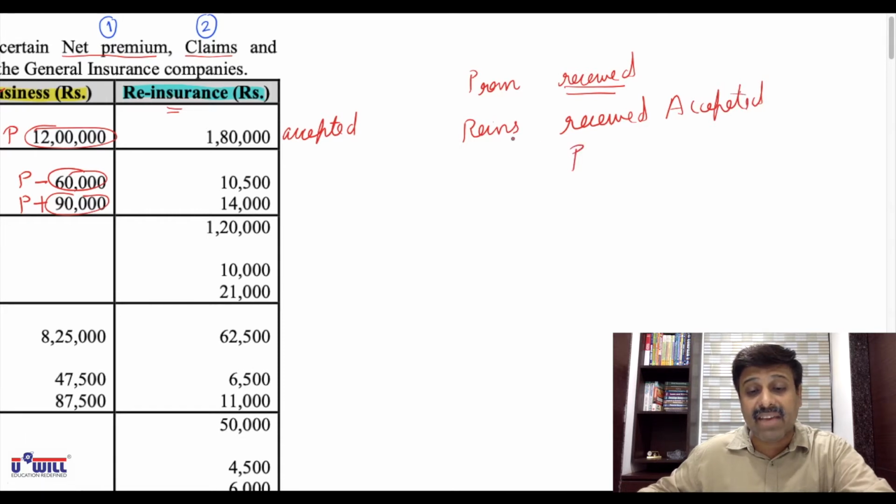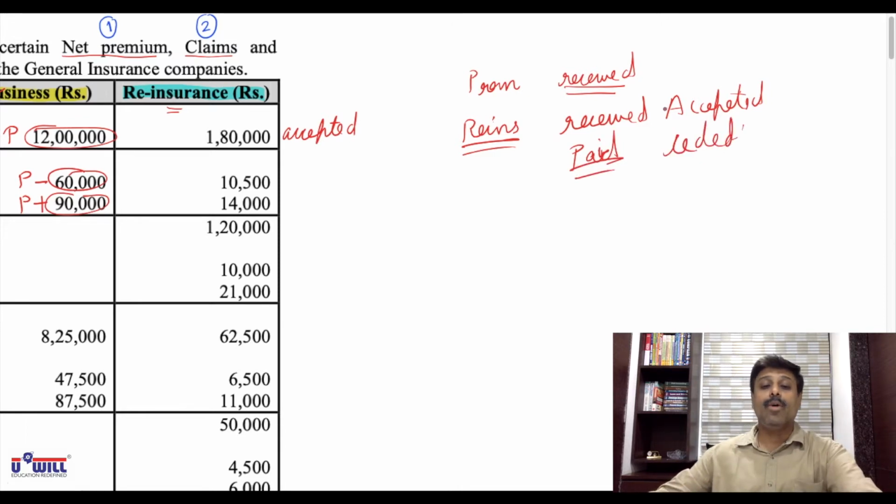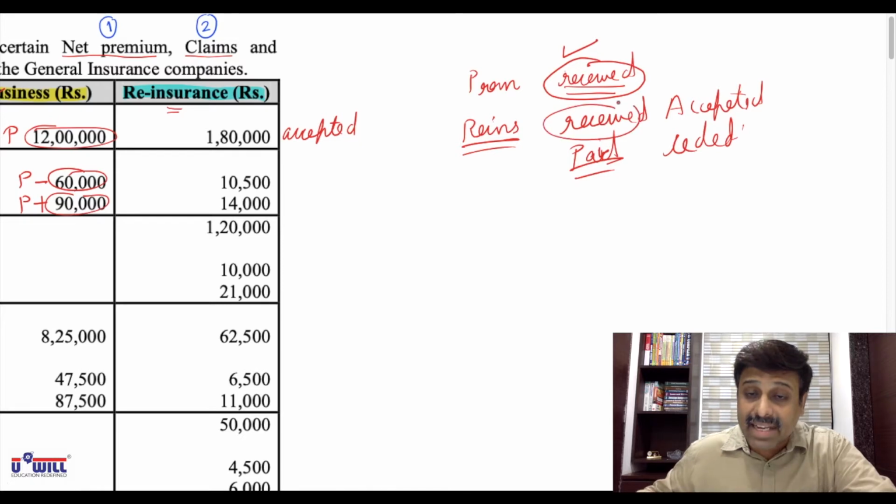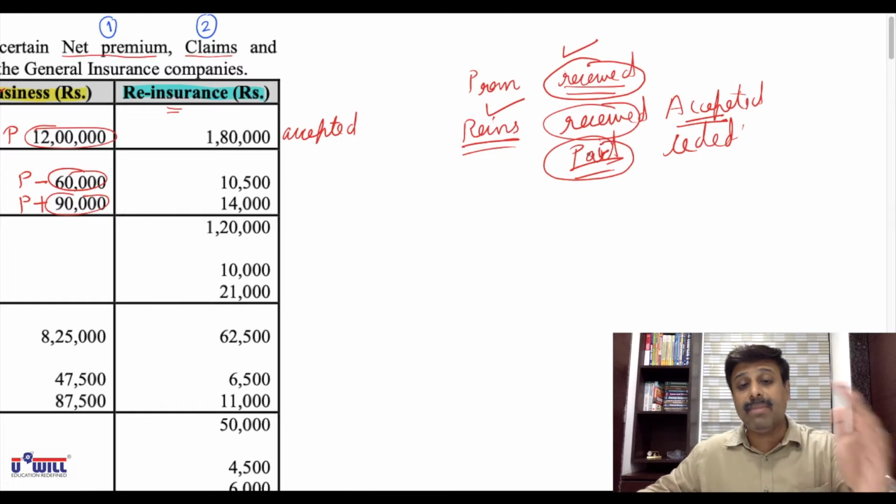If we have paid any amount, that means it is ceded. Premium being an income is to be received, so if we have received any amount towards reinsurance, then that is reinsurance accepted.